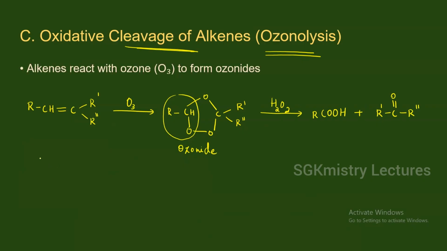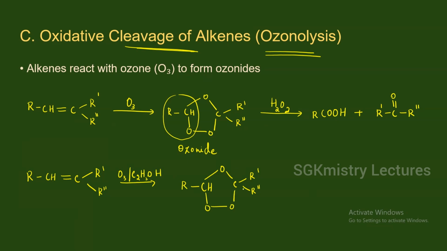So next, let us take one more example, RCH, C. Again, I'm going to take the same substrate, ozone, in the presence of ethanol. So again, the ozonide formation takes place. Here we have R dash, R double dash. And here again, the ozonide formation.